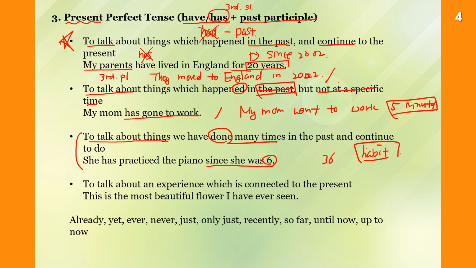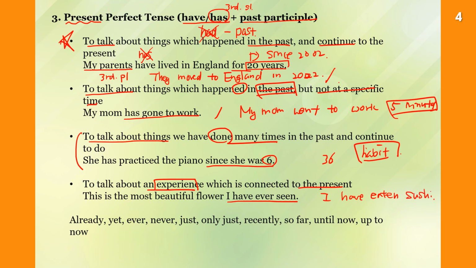And the last one, to talk about an experience which is connected to the present. This is the most beautiful flower I have ever seen. I have seen many flowers, but this one is the most beautiful. And then in terms of experience, you can say, I have eaten sushi.